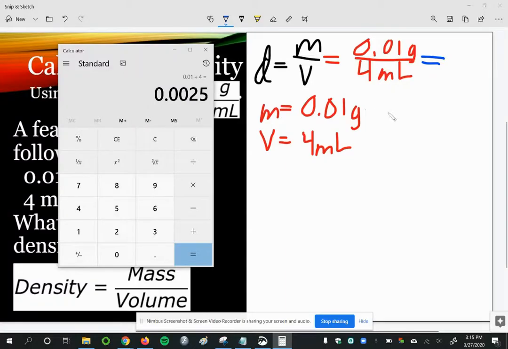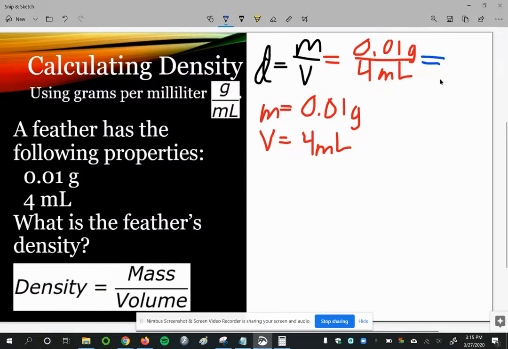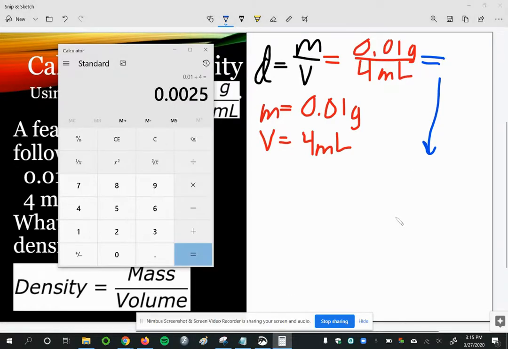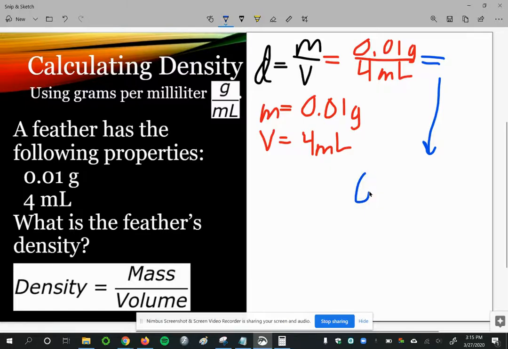I get 0.0025. Sorry, guys, let me get that answer up again. Was it 0.0025? Okay, 0.0025.